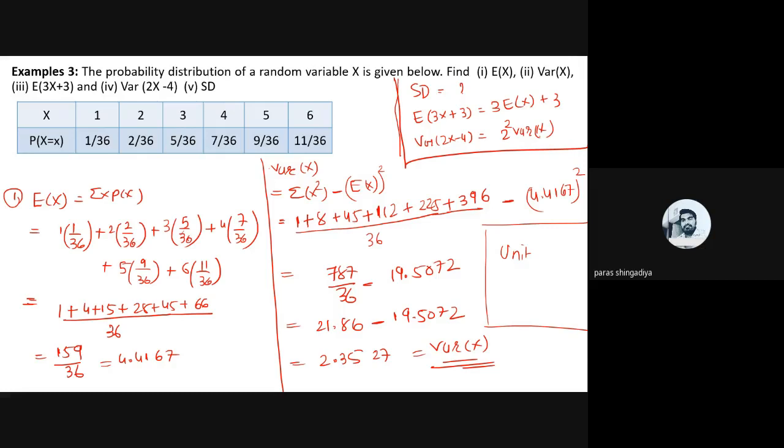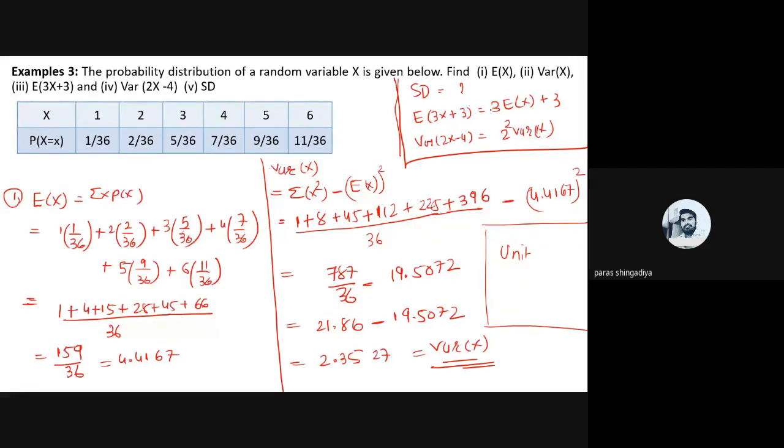Is it difficult? Yes, that's correct, 1.533. That is the square root of 2.3527.